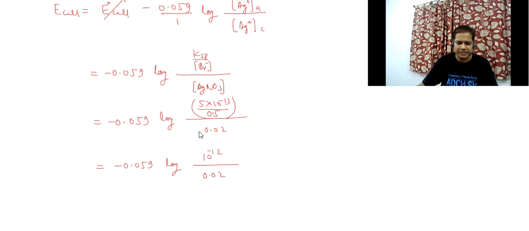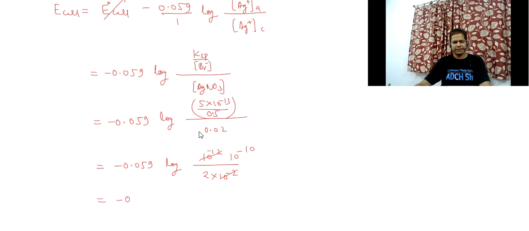We can further simplify this. Instead of 0.02, we'll write it as 2 into 10 raised to minus 2. This comes out to be 10 raised to minus 10.